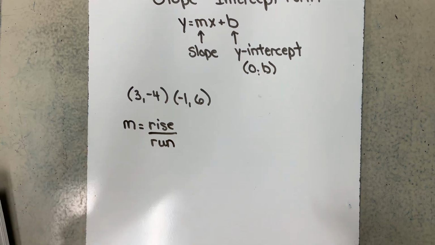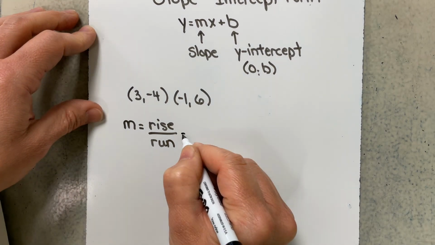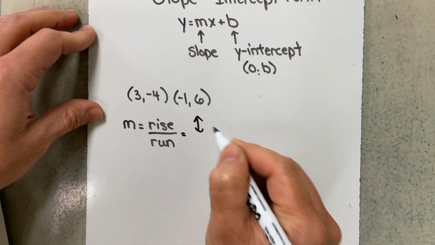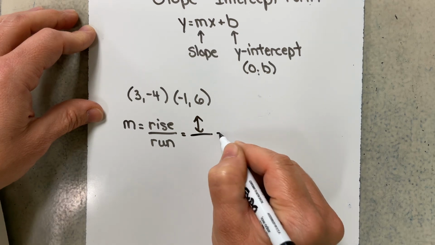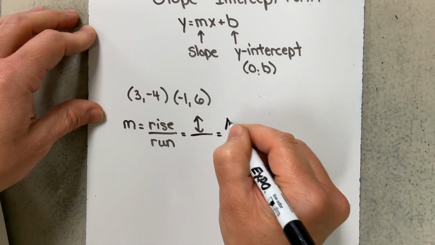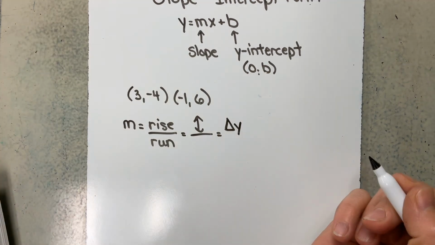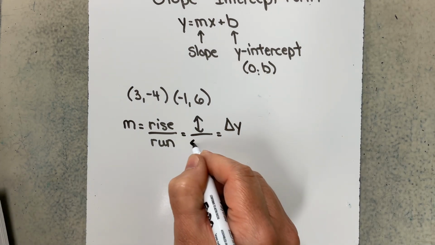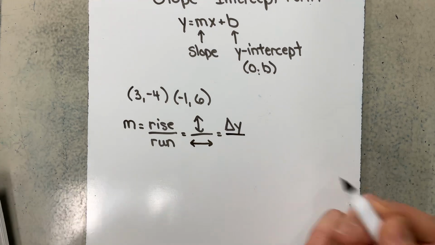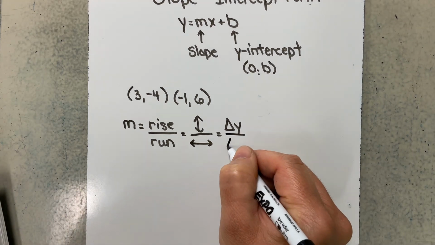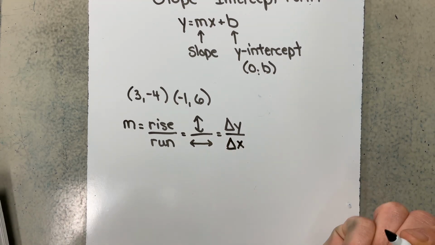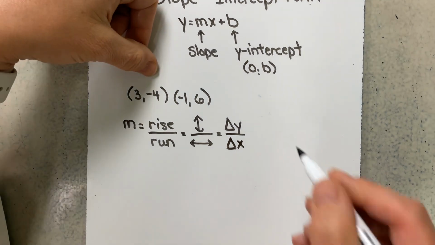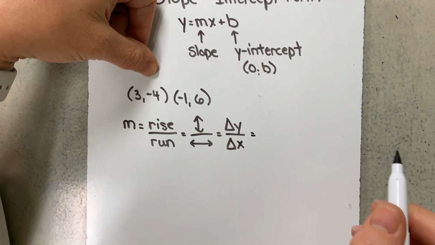But if you're rising, that's an up and down motion, right? So if it's an up and down motion, is that your x or your y? It's going to be your y, so you're changing y. Now your run is going this way, and is that y or x? Right, that's your x.